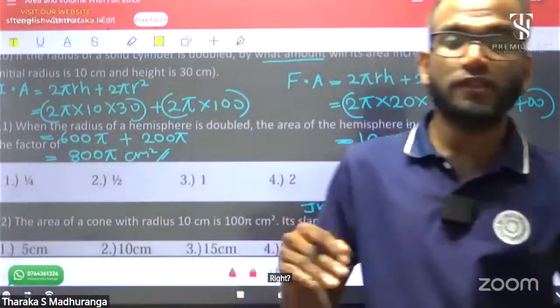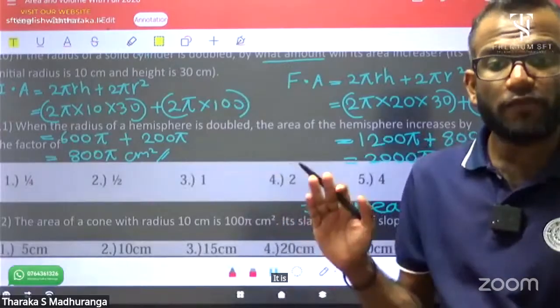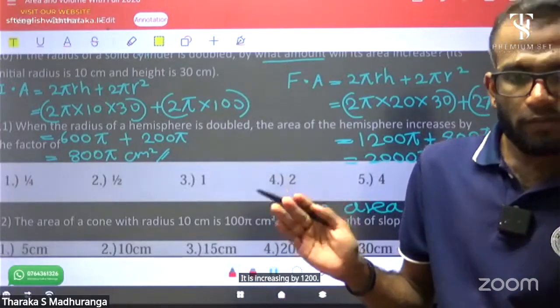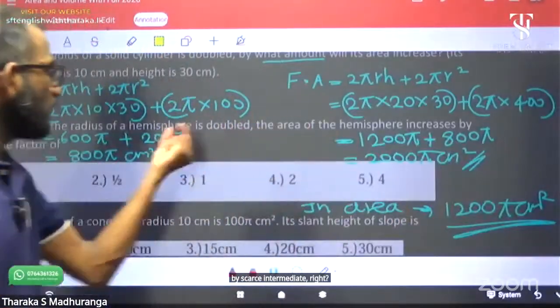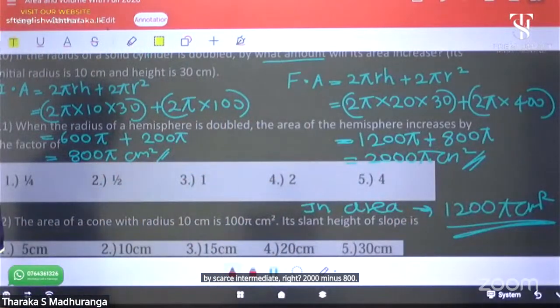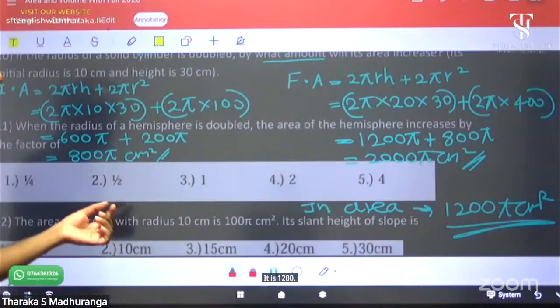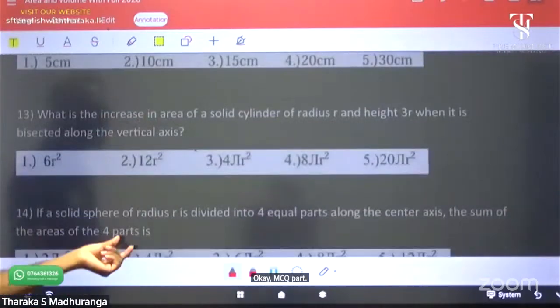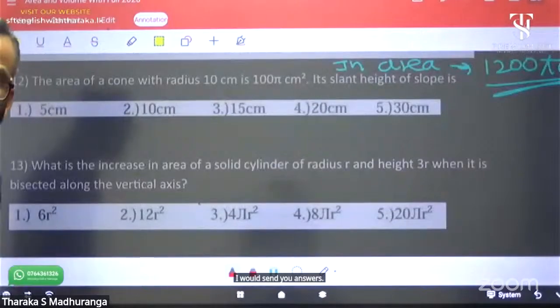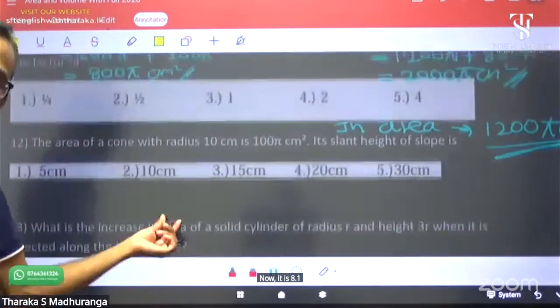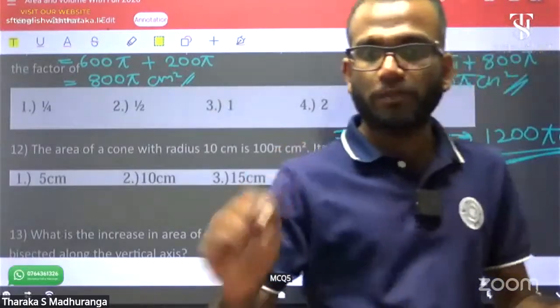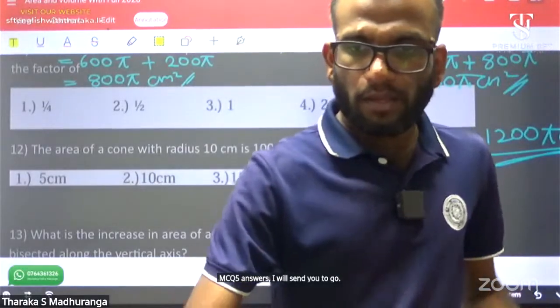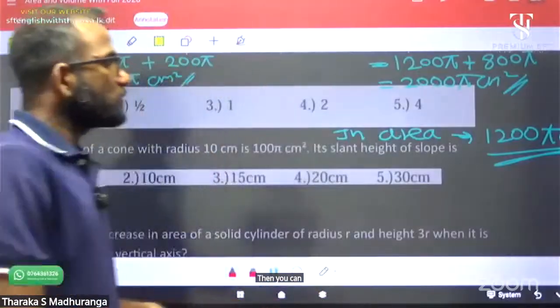If it is radius double, it is increasing by 1200 pi square centimeter, right? 2000 minus 800, it is 1200. Okay, MCQ part, I will send you answers. MCQ part answers, I will send it to the group. Then you can check your answers, right?